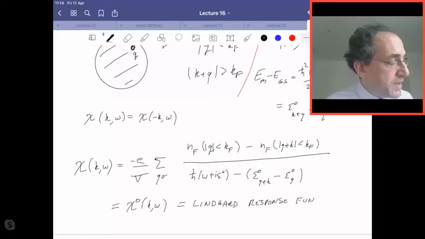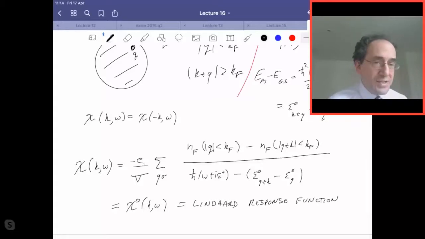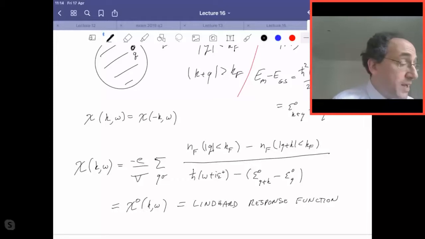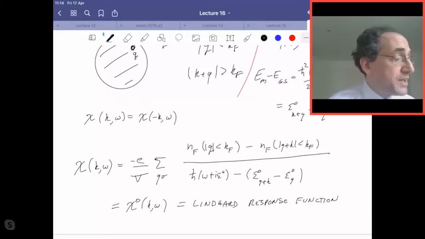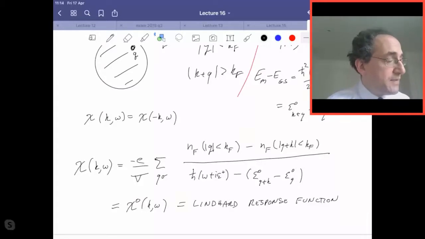It is the response of non-interacting fermions to a finite frequency and finite wave vector potential being applied to it. This was calculated by Lindhard in the 1950s for the first time, which is fairly late.